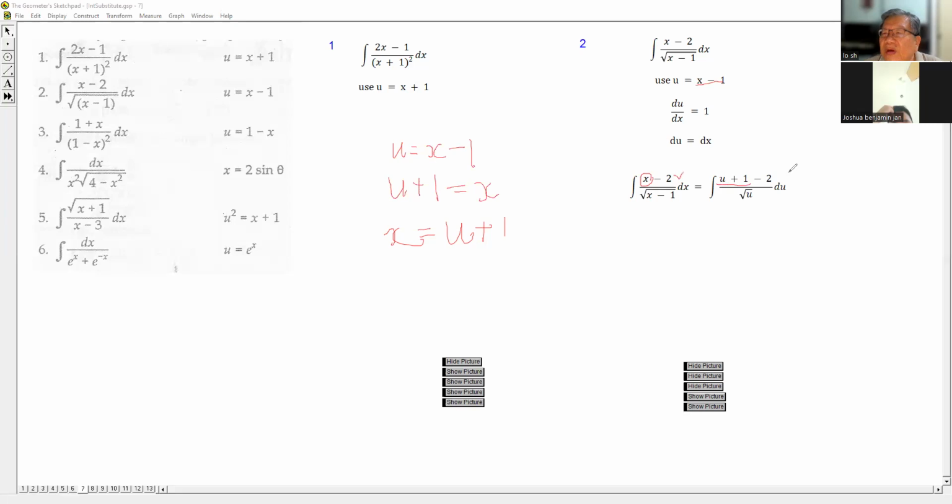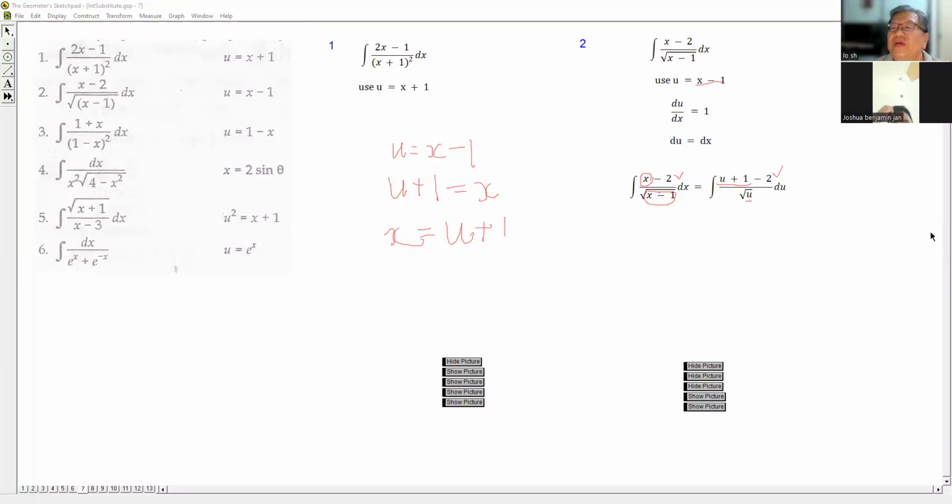Then negative 2, I copy down negative 2. X minus 1 is actually u. Sorry, not x plus 1. X minus 1 is actually u. So far, is this okay?